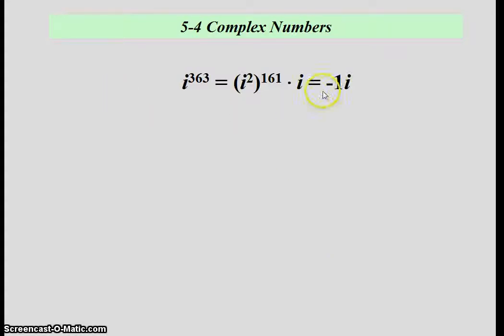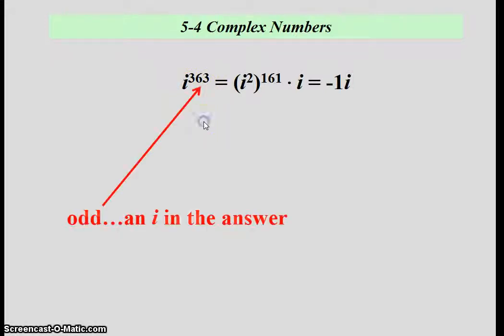So when we do a problem like this, and I can just be obnoxious with my exponent here, i to the 363, well, I have an odd exponent, so that means I have i in the answer. It's the rule that we just stumbled upon. That means I have this extra i. So instead of 363, I can think about 362.